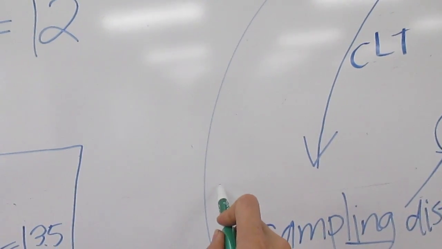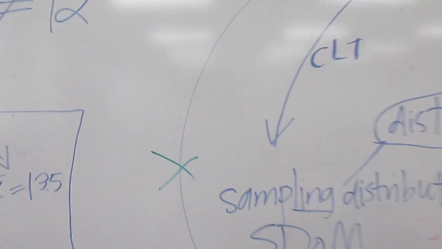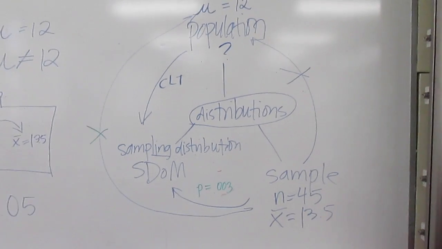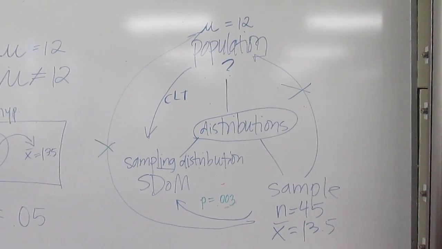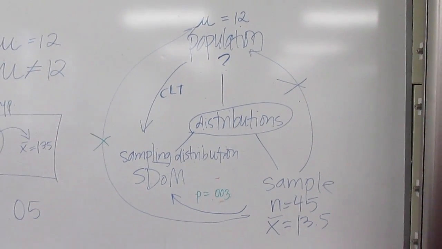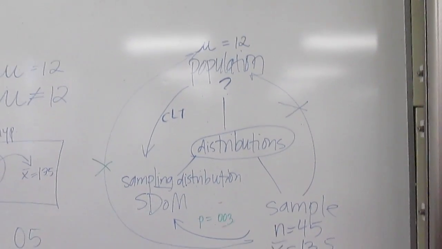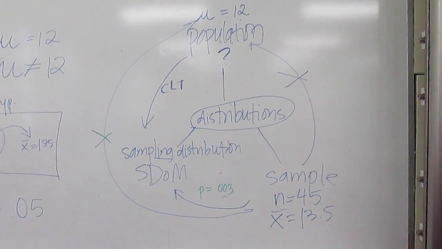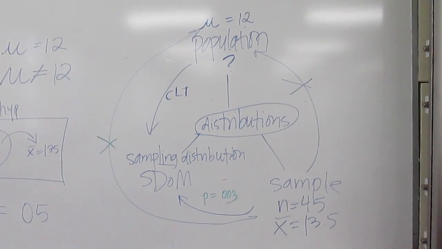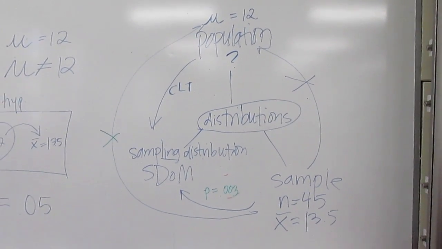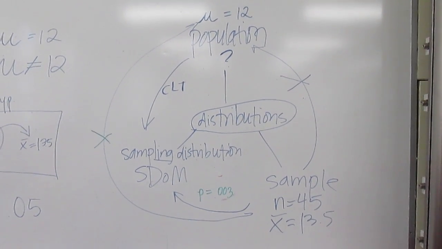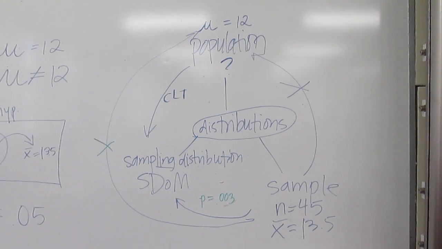We say, this is probably not the population that this sample came from. So maybe it's another population. Maybe the mu is not 12. Don't you wonder, well, if it's not 12, what is the mean of that population? That's where confidence intervals come in.